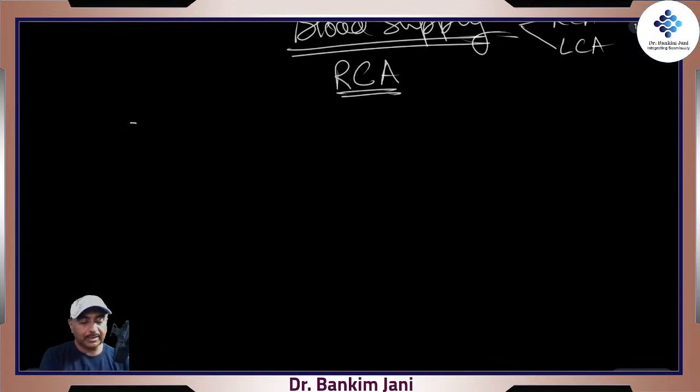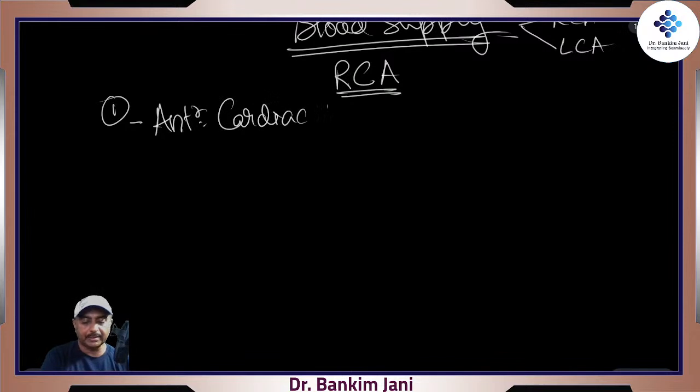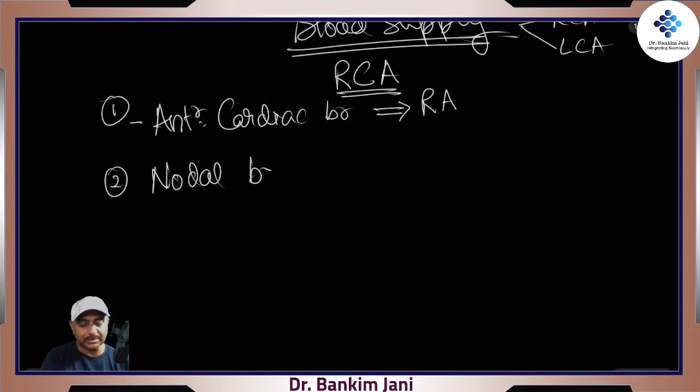In the right coronary artery, the first important branch is the anterior cardiac branch, and that anterior cardiac branch will be supplying the right atrium. Then there are very specific ones, which we discussed as nodal branches. There would be a nodal branch for the SA node and a nodal branch for the AV node.